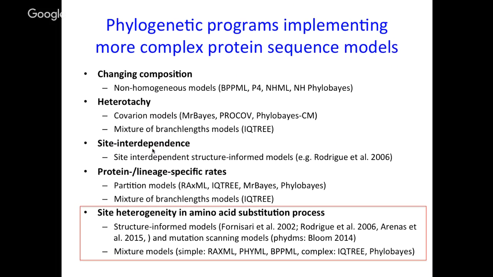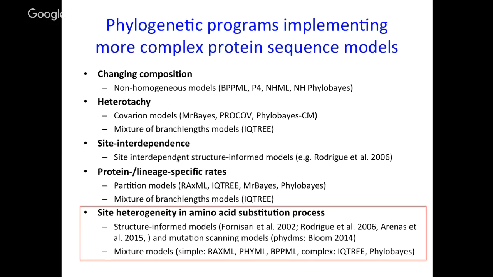Site interdependence is actually one of those problems that is not going to be easily dealt with, because once you start considering sites as being dependent on each other, evaluating the likelihood of an entire alignment becomes extremely complex. There have been many studies now trying to deal with site interdependent structure-informed models.